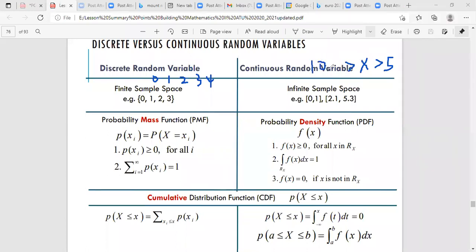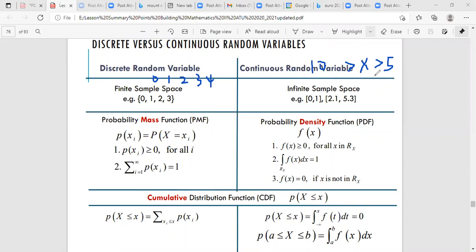Okay, so every value between 5 and 10 is part of the domain of X, or X can take on any real number value between 5 and 10 within that domain. Good. Now, that's the first point.